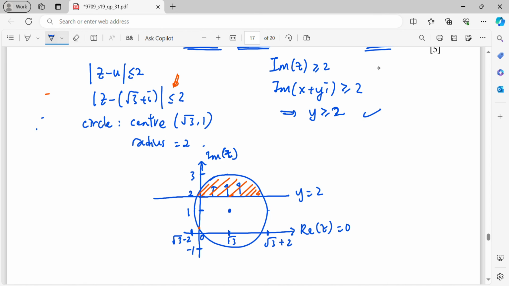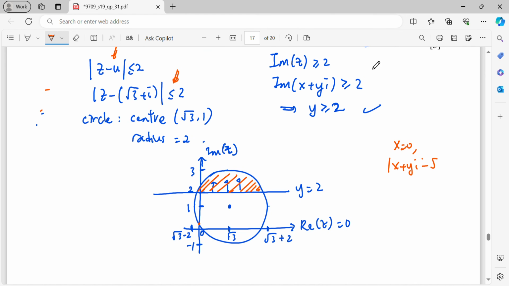When x is 0, I substitute: z will be x plus iy, then minus square root 3 minus i. I need to find out the magnitude.